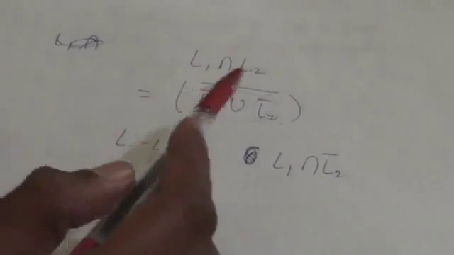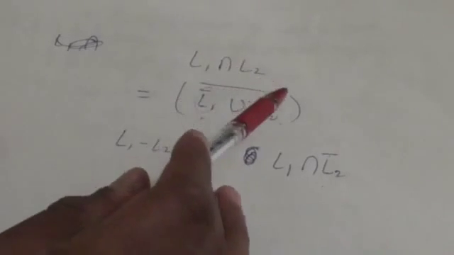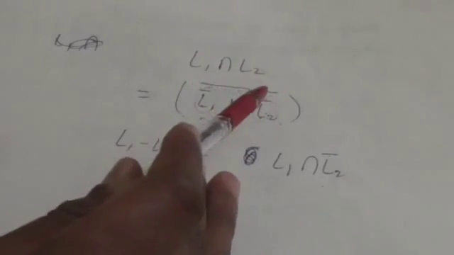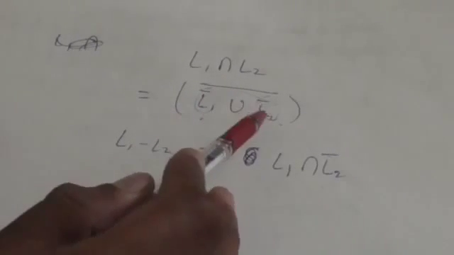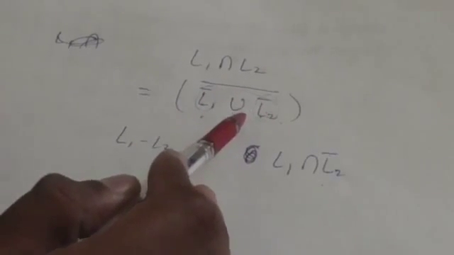Now, if L1 and L2 are two regular languages, then L1 intersection L2 will also be a regular language. By De Morgan's theorem, L1 intersection L2 will be the complement of the union of L1 complement and L2 complement.